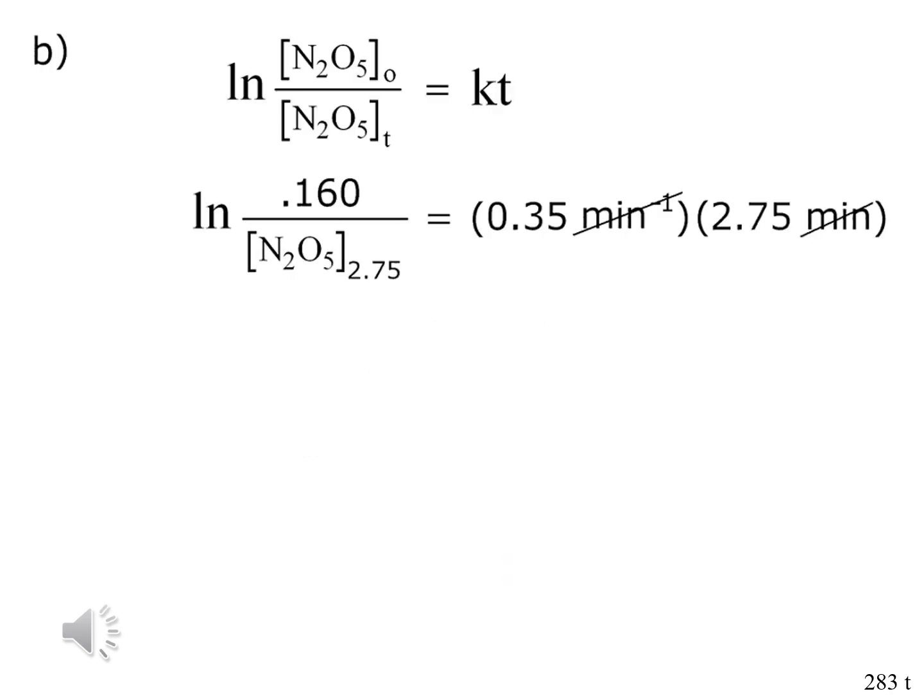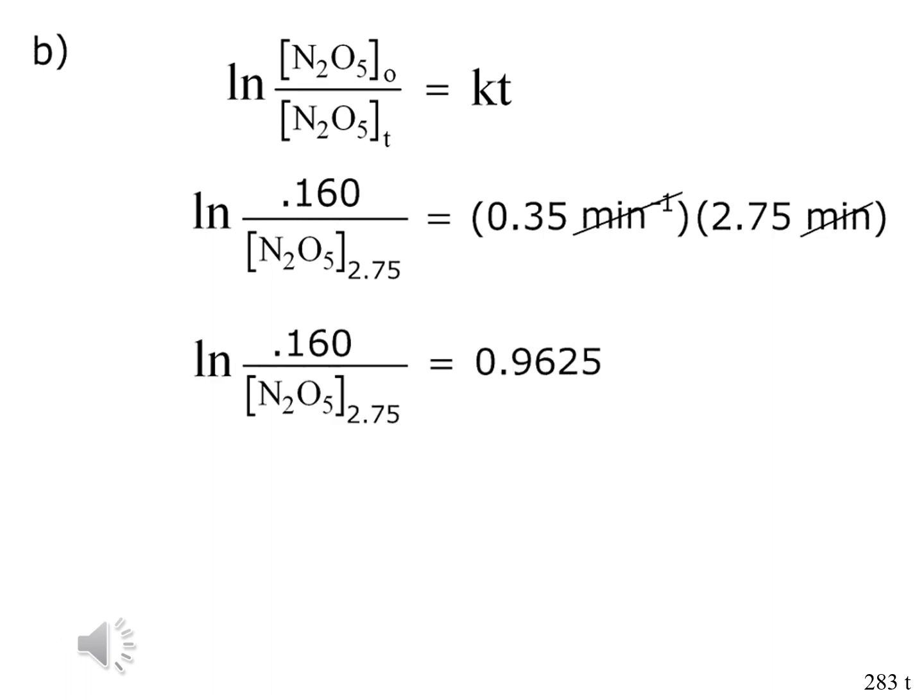So I plugged in 0.16 for the concentration at 0, I plugged in the k value and the time, and the minutes cancel. The variable on the bottom looks confusing the way it's written, but remember that you read that as the concentration of N2O5 at 2.75 minutes, that's what we're trying to solve for.